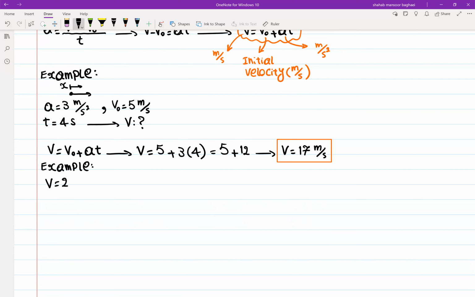V is 22 meter per second. Let me draw the figure. That's better. I prefer the figure here. Going to the right. Velocity at this moment, or at the beginning, it is 22. This one is better.